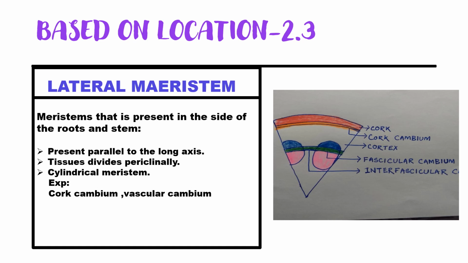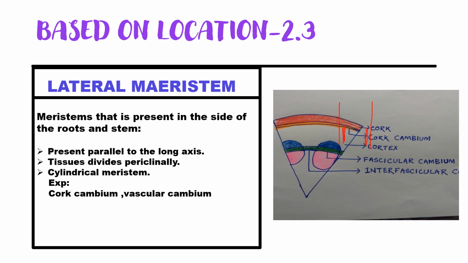Based on location, the third division is the lateral meristem. Meristem that is present on the sides of root and stem is called lateral meristem. These are cells which are present parallel to the long axis. If we take this as a stem, on the lateral sides of this stem we find lateral meristem.